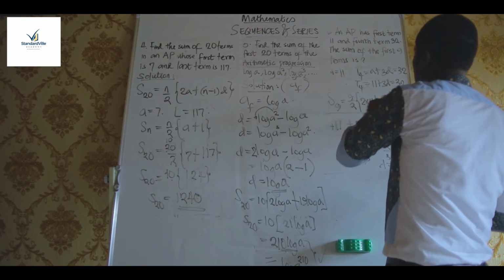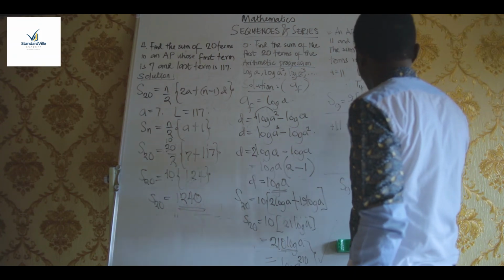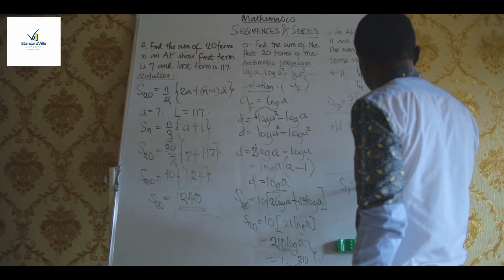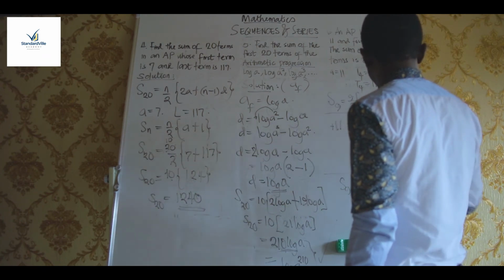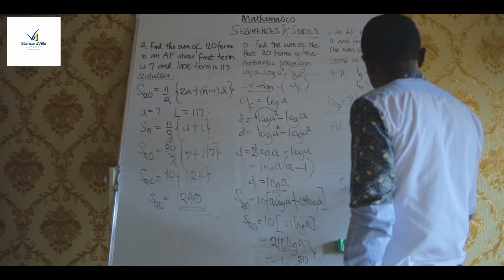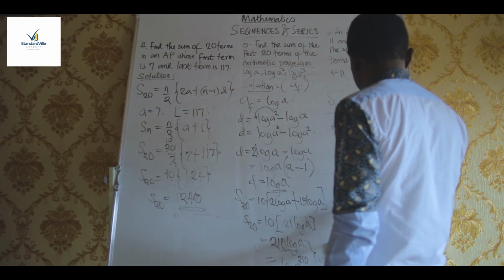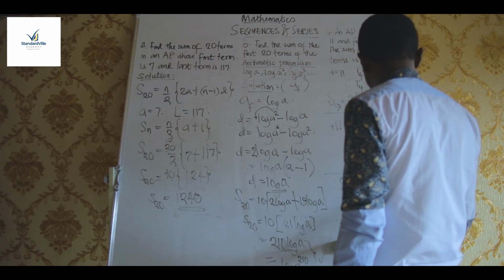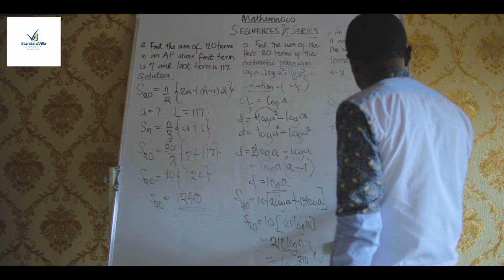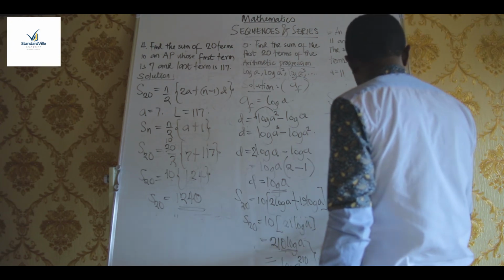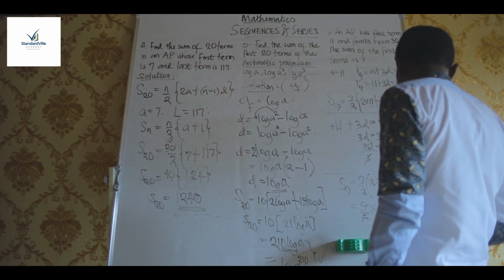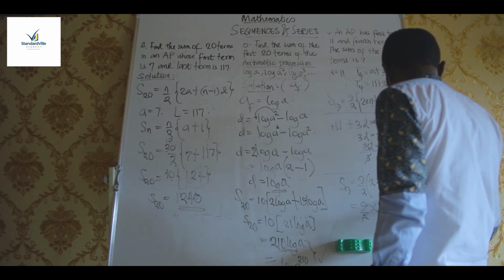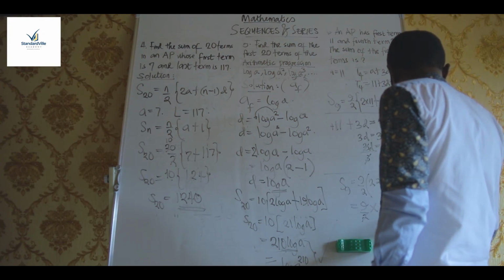Knowing that D is 7, the sum of 9 terms becomes equal to 9 over 2 multiplied by 22 plus 8 times 7, 56, which is 9 over 2 times 78. 2 goes into 78, that is 39. 9 times 39 is 351.